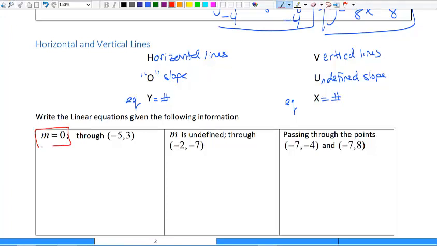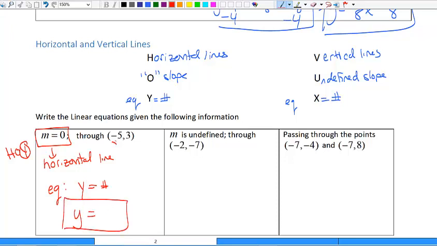So here's what I want you to do to save yourself a bit of time. If you ever see a slope of 0, I want you to interpret that as a HOY, horizontal line. And because it's a horizontal line, you know your equation is going to be y equals some number, because the HOY tells you that. So my answer is going to be y equals some value.